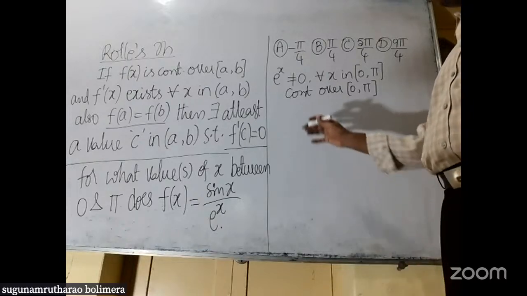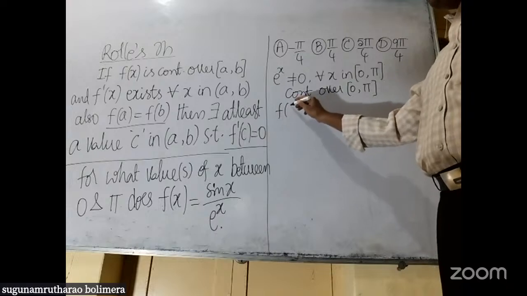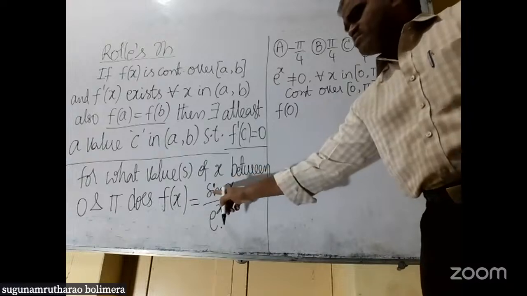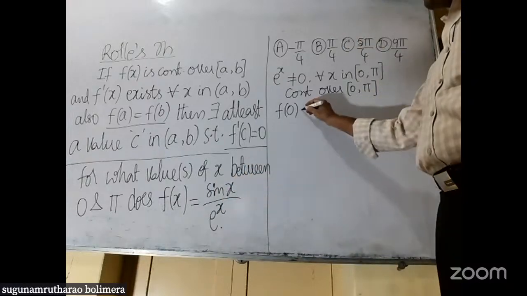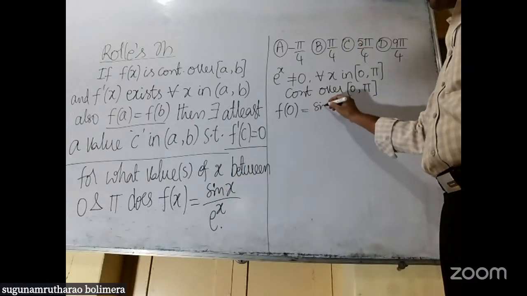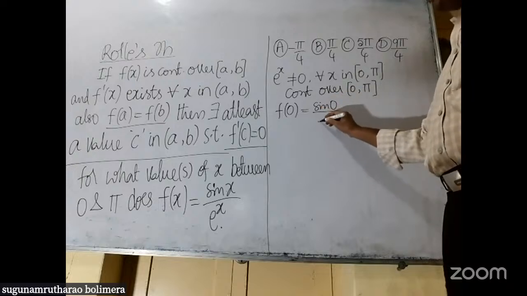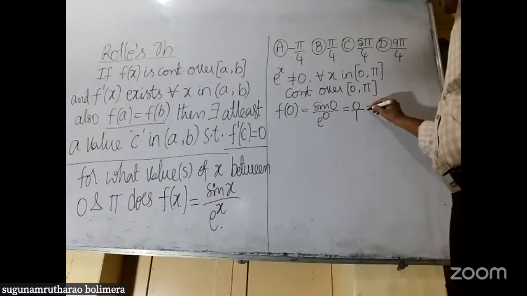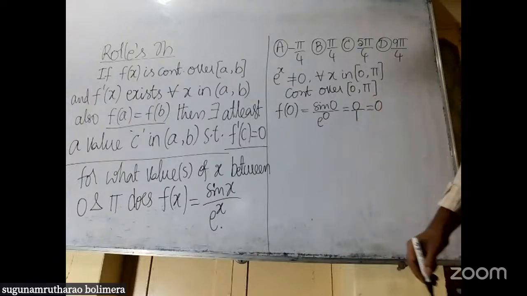Before that, just write f of 0. What is f of 0? Sine 0 by e power 0, that is 0 by 1, equal to 0.